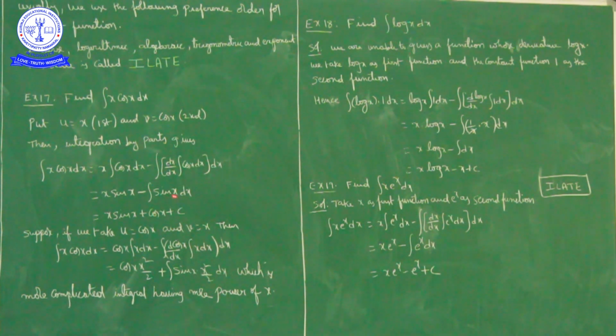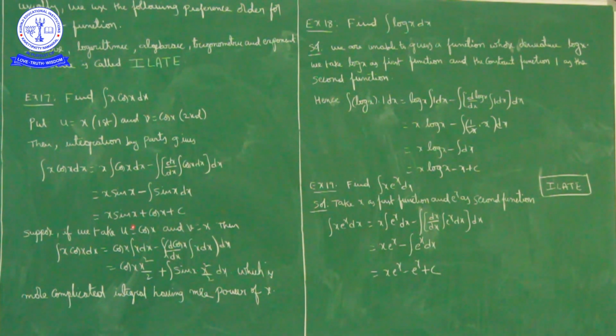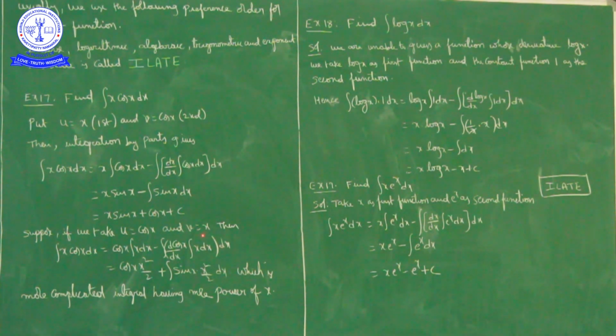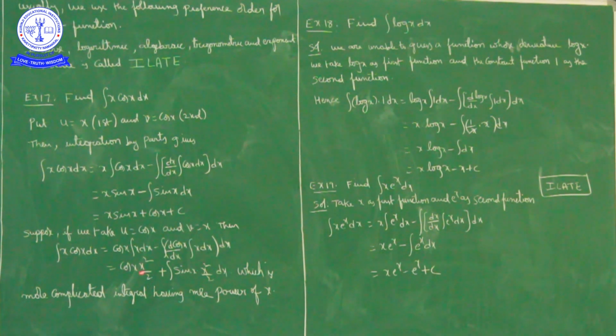So integral sin x dx. So x sin x minus integral of sin x is minus cos x. So minus of minus plus cos x plus c. If you take it in reverse order, that is cos x as first function and x as second function, this will be a never ending process.